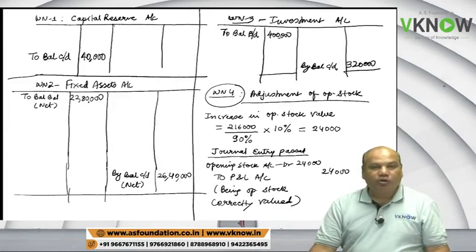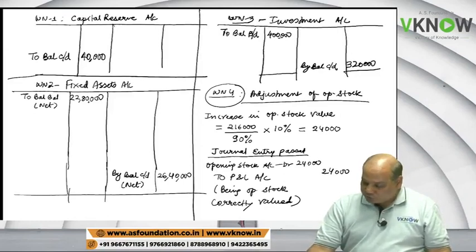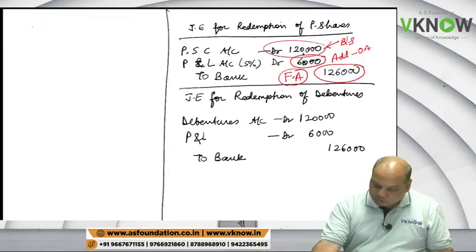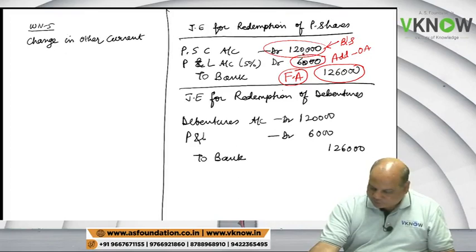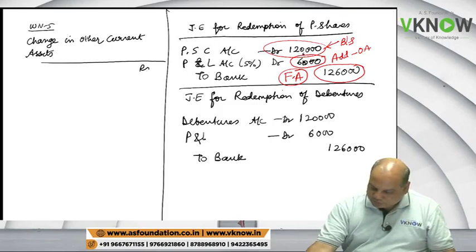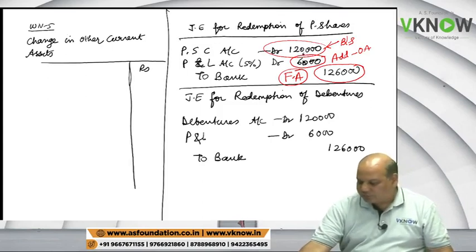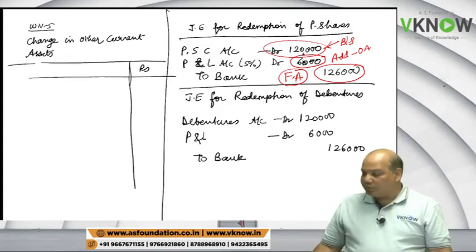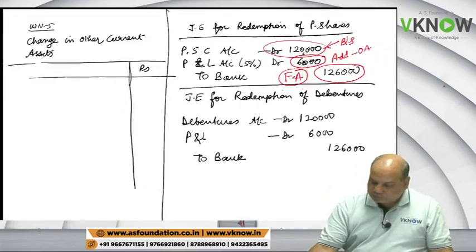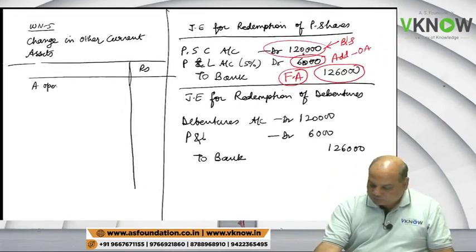Now this opening stock is reflected in other current asset. So below this, write down working note 5, change in other current assets, with rupees on the right hand side. First write A, opening balance.